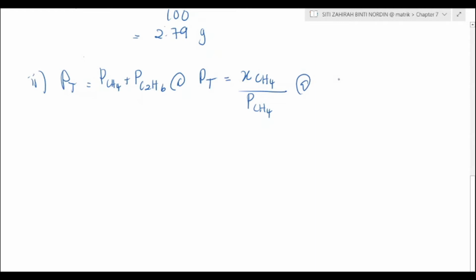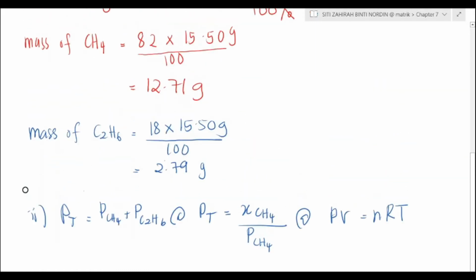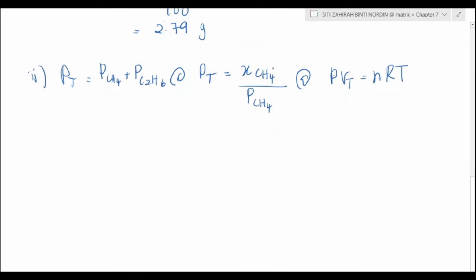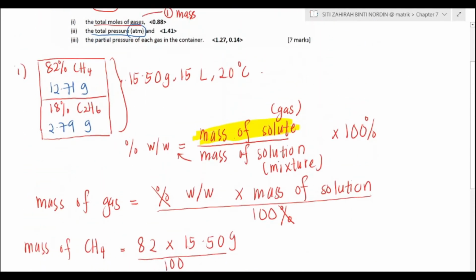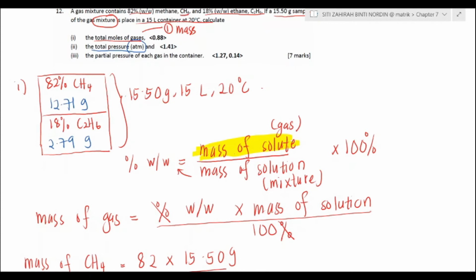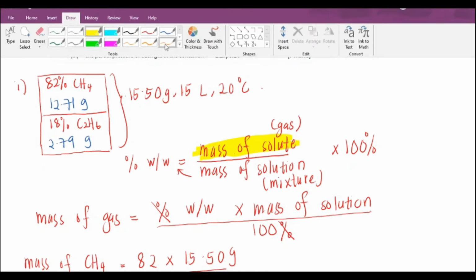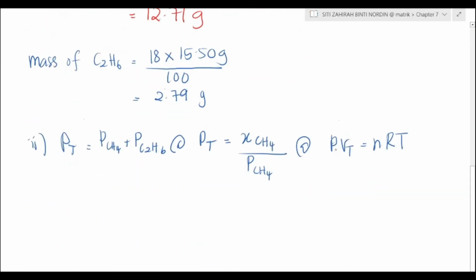Or you can use the equation PV equal to nRT. But remember that your volume must be total. Since the question asks for the total pressure, if you want to use PV equal to nRT, then the pressure, mole, and temperature must be the total values as well. And R is the gas constant, which has a value of 0.08206.